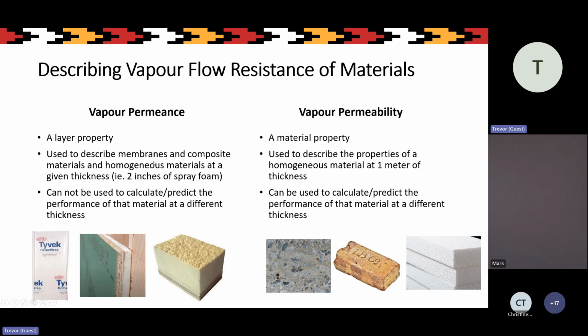It's used to describe membranes and composite materials and other homogeneous materials at a given thickness. So if you were to talk about, let's say, a vapor barrier, a sheet of polyethylene, you'd want to talk about vapor permeance. And same with any other sort of material that comes in one thickness.